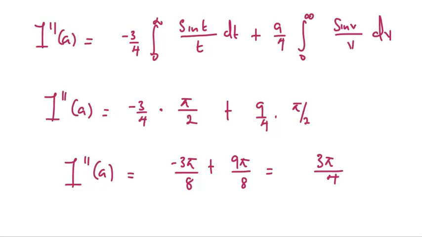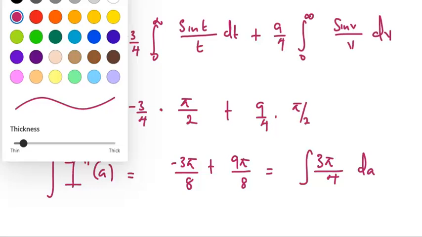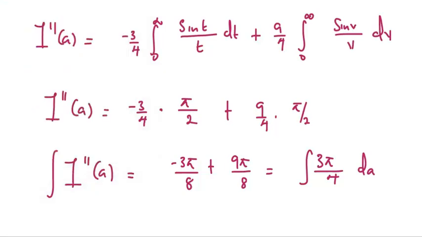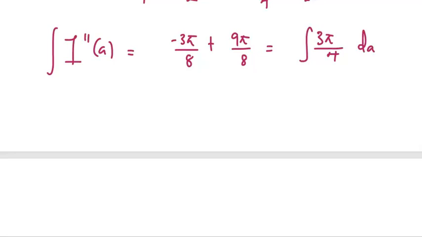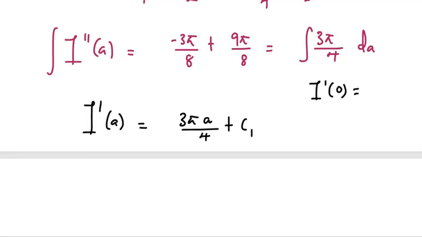So we need to integrate both sides. Okay, so the left-hand side, we have just I prime of a, which is going to be equal to 3 pi a divided by 4 plus c1. Yeah, that's our c1. So remember that earlier, I prime of 0 is equal to 0.